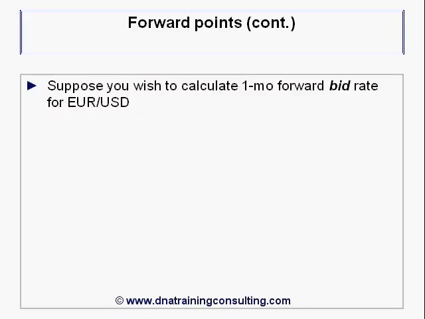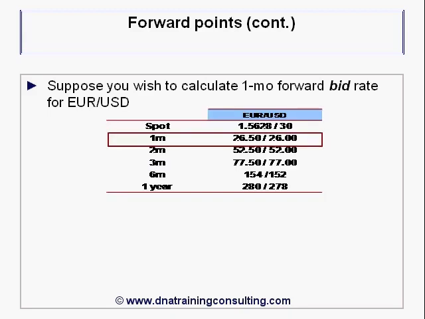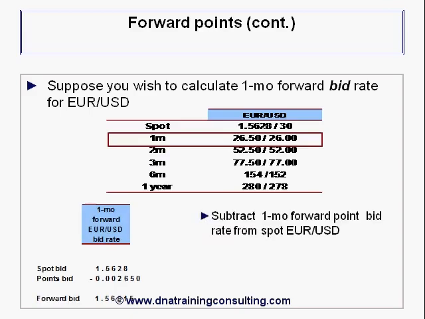Suppose you wish to calculate the 1-month forward bid rate for euro-dollar. Because the 1-month forward point quote of 26.526, as you can see here, is in descending order, you must subtract the 1-month forward points bid rate from the spot euro-dollar bid rate.